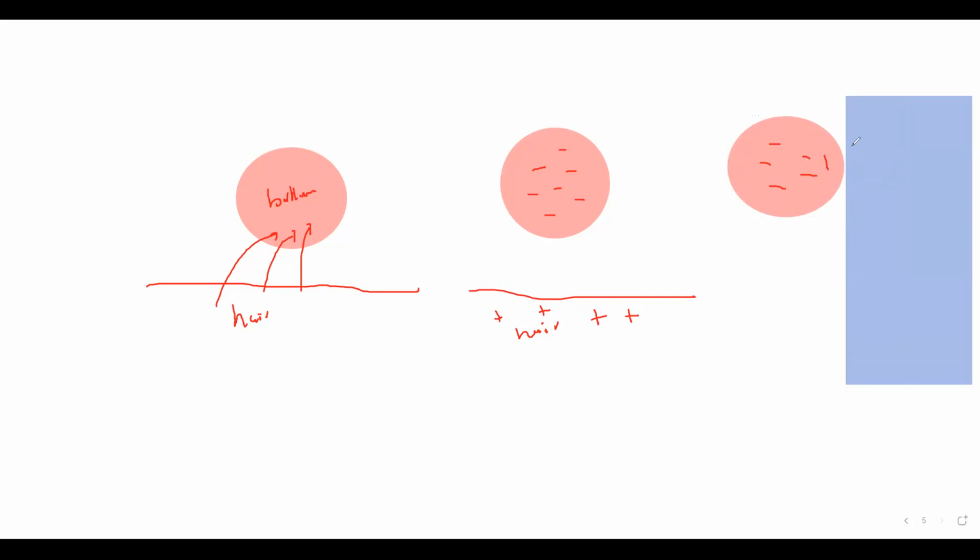What is electrostatic induction? Positive charges on one side and negative charges on the other side, and unlike charges attract each other. So this balloon will remain in contact for some time. Once the balloon loses its charge, again it becomes neutral, so it will fall back to the ground. Is it clear?